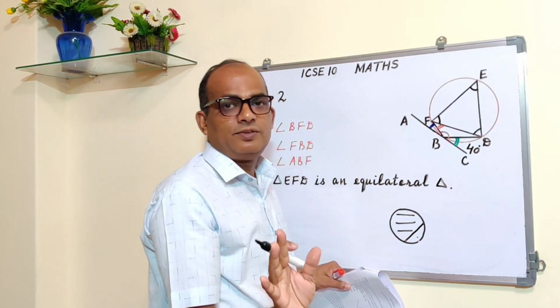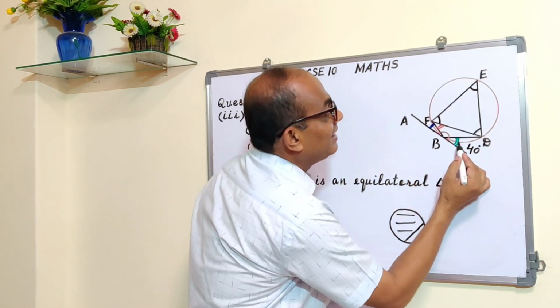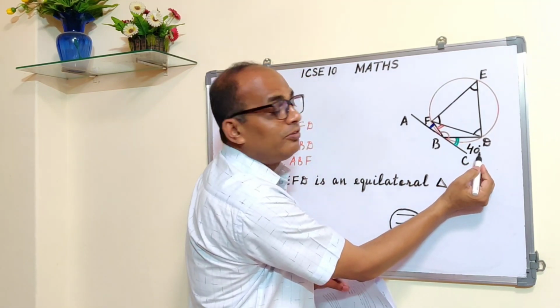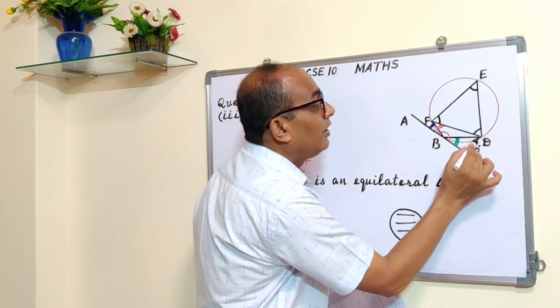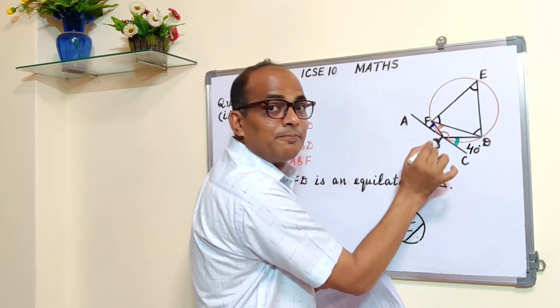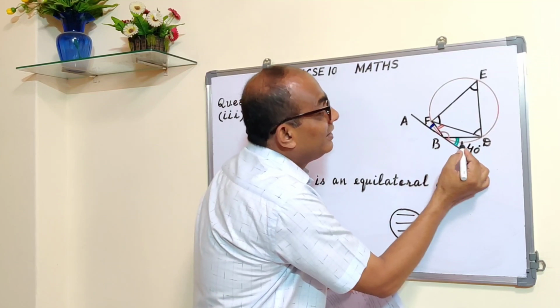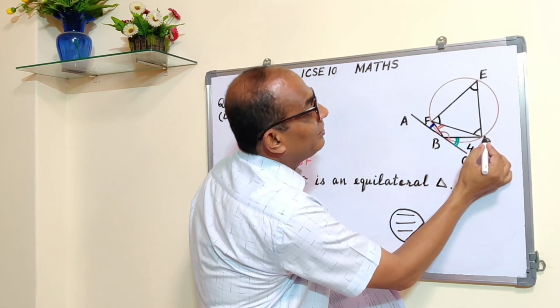If this is the situation, then this angle, which we have been given as 40 degrees, is the angle between the chord and the tangent. And what is the alternate segment? This one is the alternate segment.